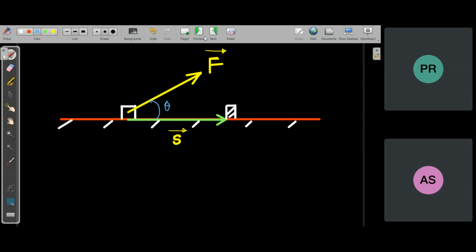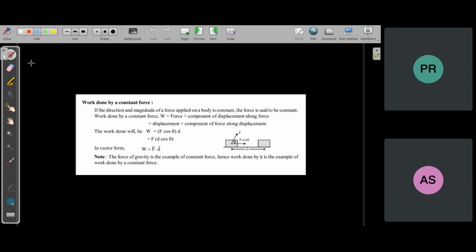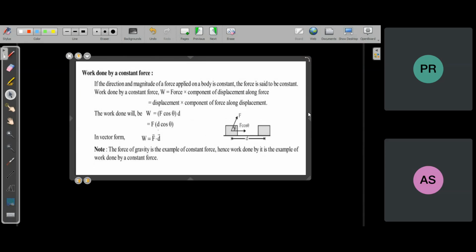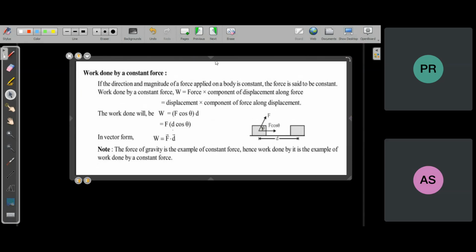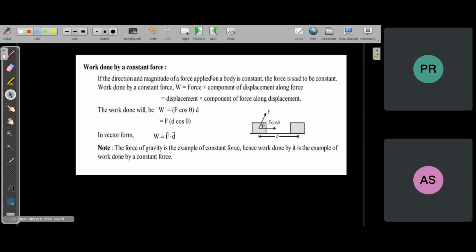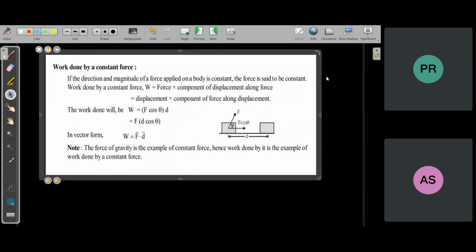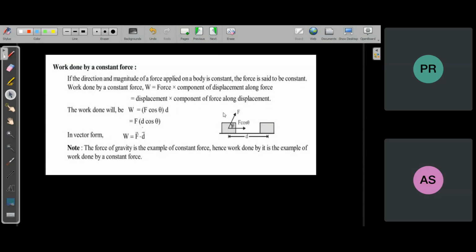Now work is simply defined as the dot product of force vector and displacement vector. That is the mathematically correct definition of work. Now you already know the dot product of two vectors from the vector chapter, right? And you know that whenever we take the dot product of two vectors, the result that we get is a scalar quantity.